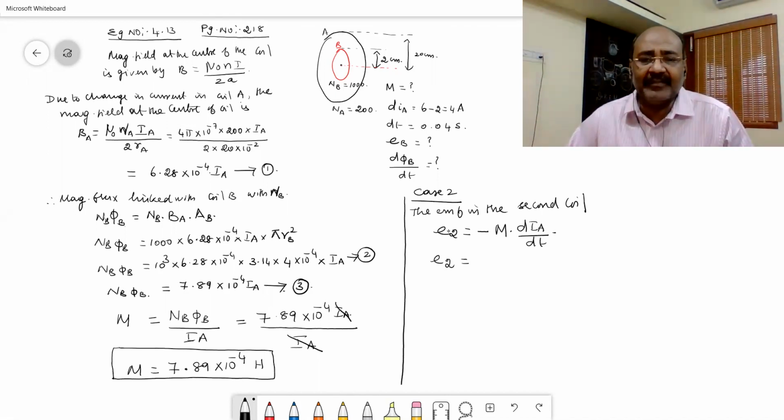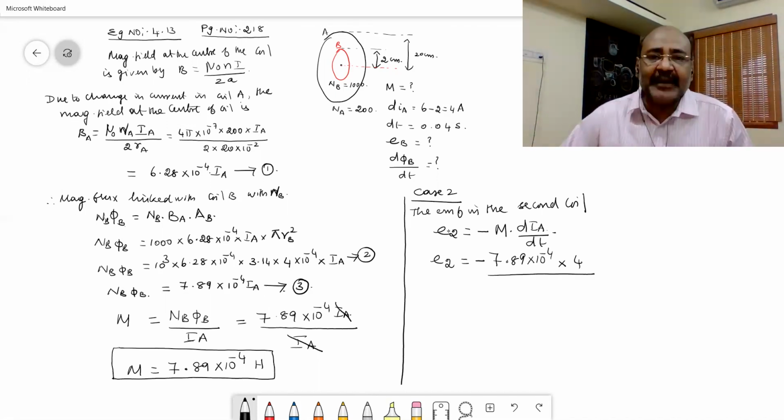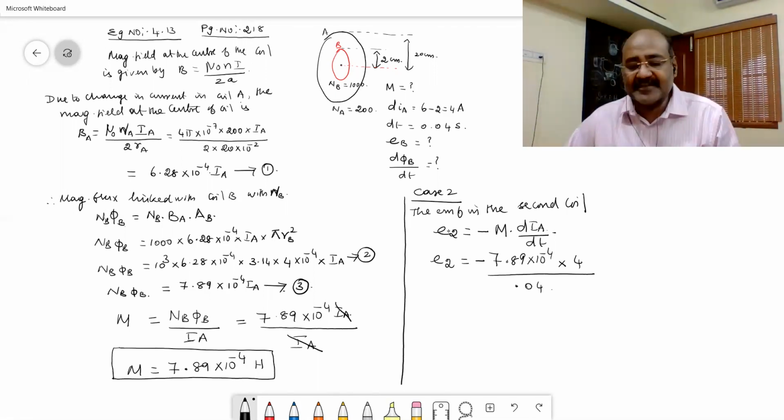So what is the EMF then? E2 equal to minus of M, which is 7.89 into 10 to the power of minus 4, into dI_A, the change in current, which I am taking as 4 ampere, divided by the time taken, which is 0.04 seconds.